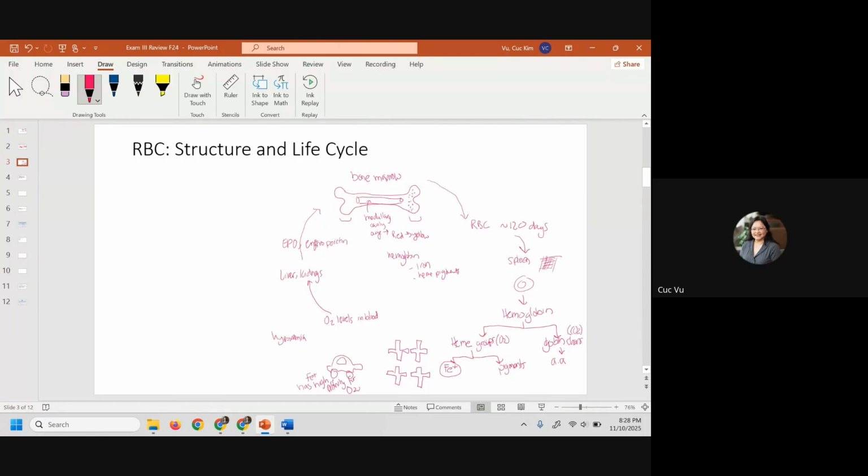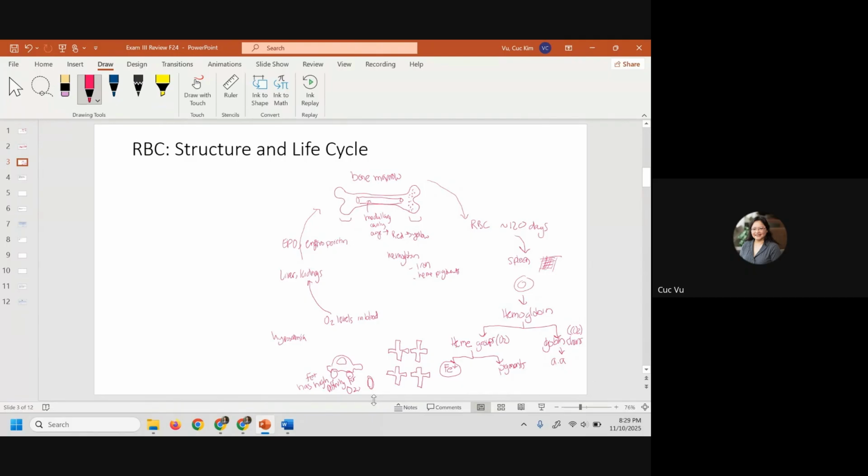It has an even higher affinity for what? This is important for those of you who live in Minnesota. Carbon monoxide. Yeah. So it has a higher affinity for monoxide.